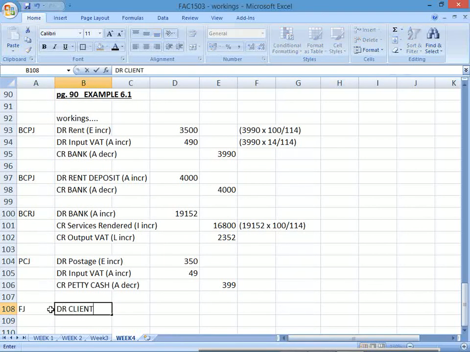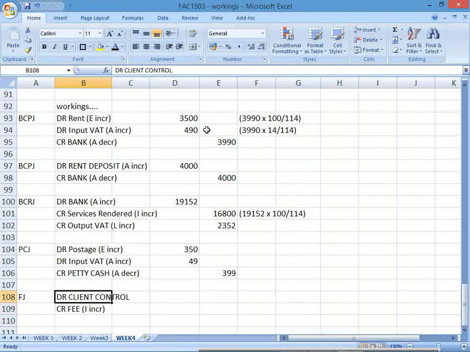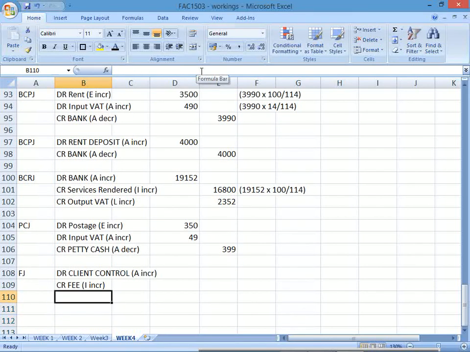Debit the client control, credit the fee income increase. Client control would be seen as an asset. Would there be VAT here? Yes. Which one? Correct. Output, because it's going to be given to SARS.